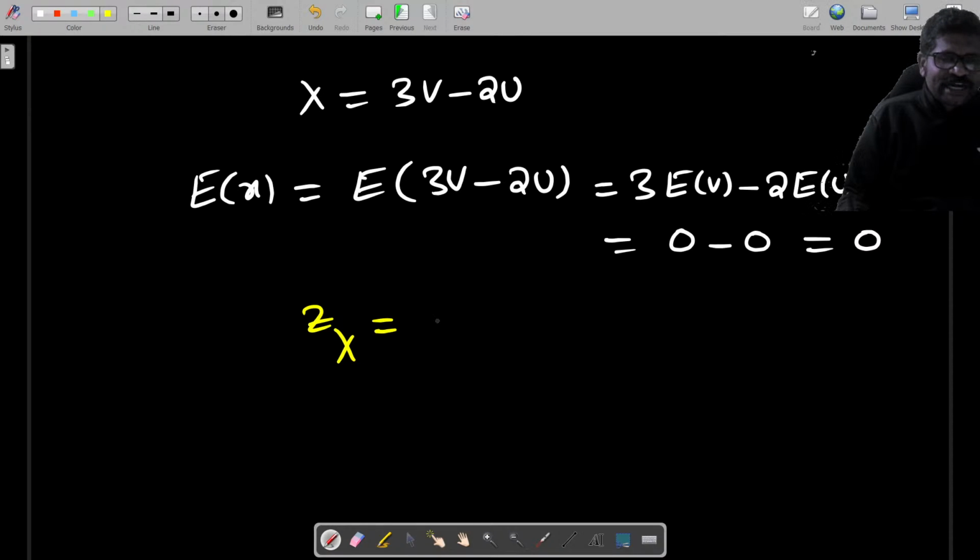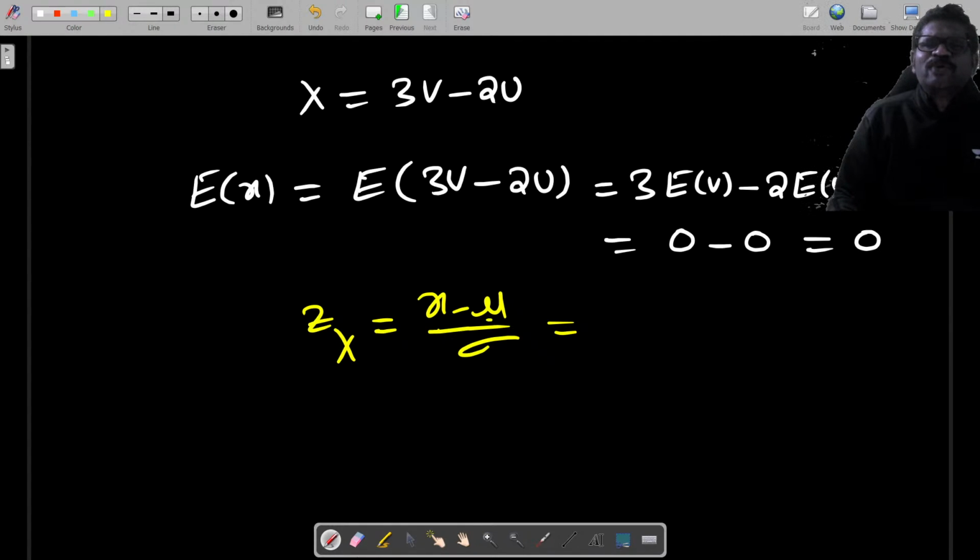Now z, I am converting into standard normal variate, x minus mu by sigma. So here x value is 3v minus 2u, and mu, the mean of x, is 0, so x minus 0 by sigma.